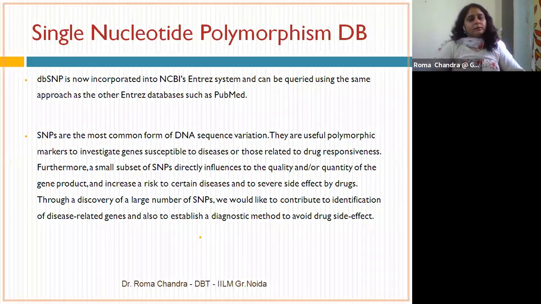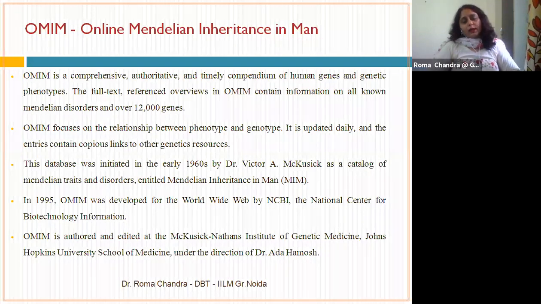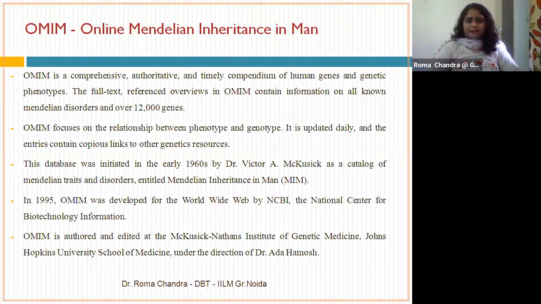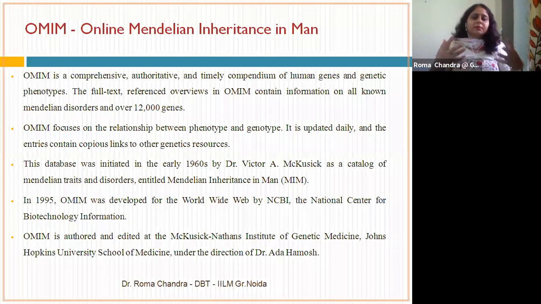Okay, so another one under the category of specialized is this Online Mendelian Inheritance in Man. And this is a kind of comprehensive database. It is dealing with human genes and different kinds of genetic phenotypes. Okay, the full text holds information with respect to the Mendelian disorders and the different types of genes. Okay, so it's not only 12,000 genes, there are a lot of genes, and they are there in this OMIM database.